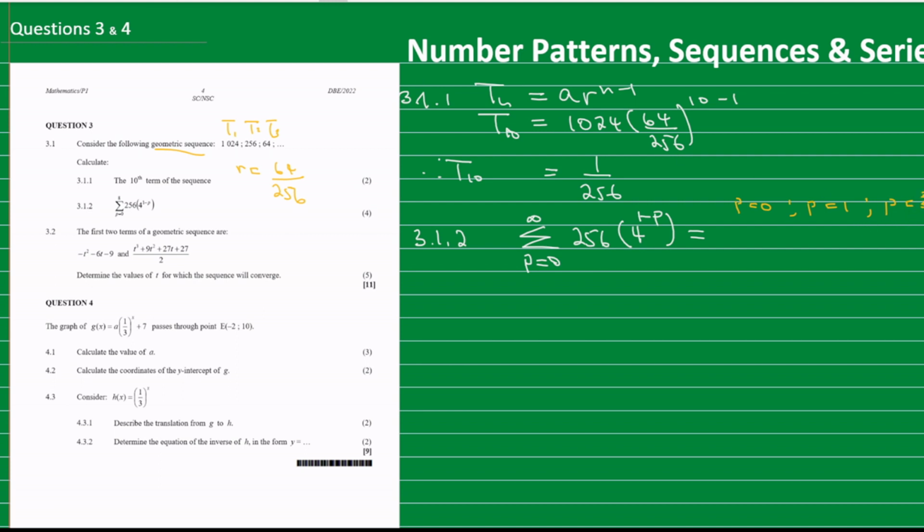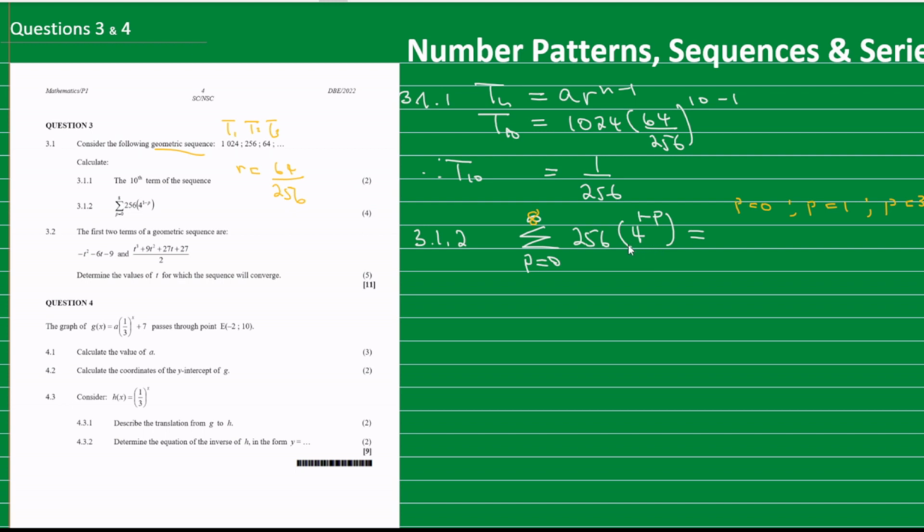Natural numbers are counting numbers. So we start from the term below the sigma notation, ending at the term above the sigma notation. So that will give us the series. Actually, this is an 8. That is an 8 there.